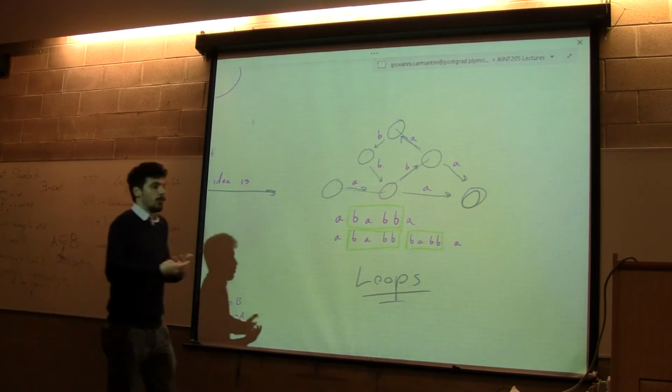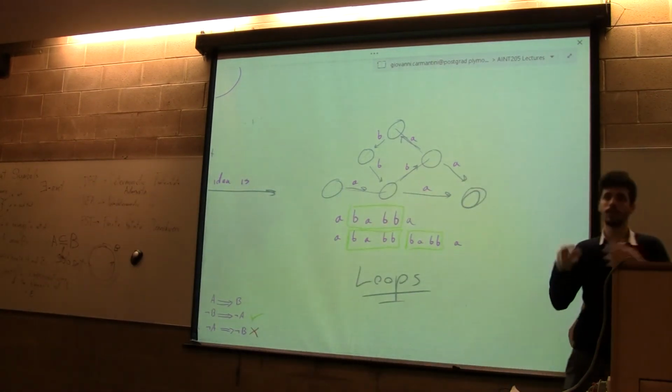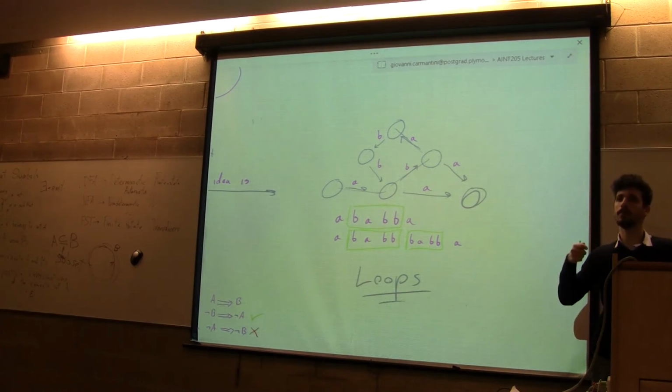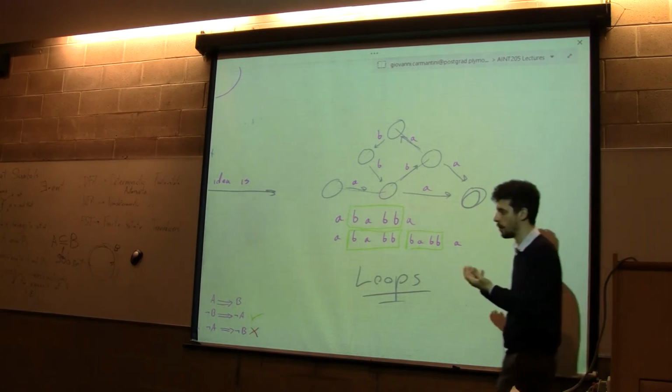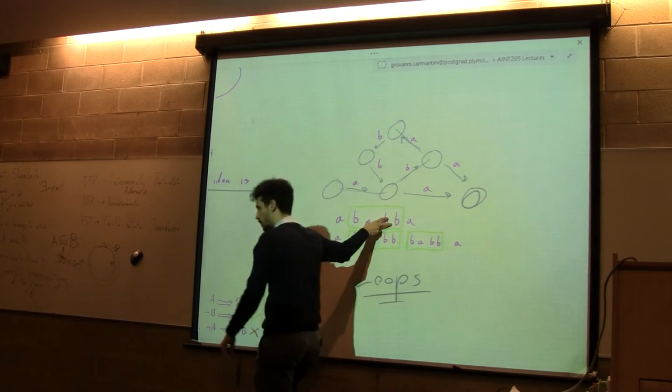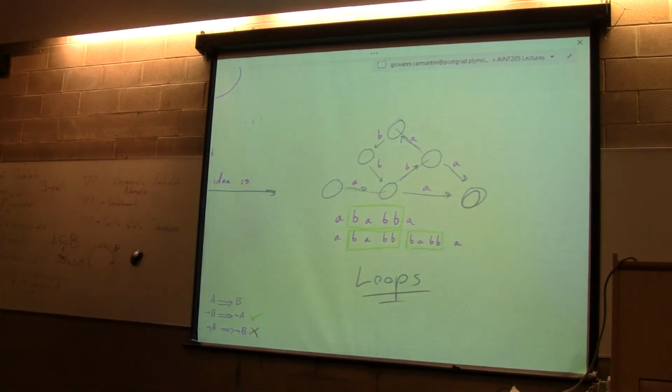So if I want to prove that a language is not regular, what I have to do is take a string which is longer than P and show that nowhere inside this string I can pump. So I cannot loop anywhere and still be in the language.